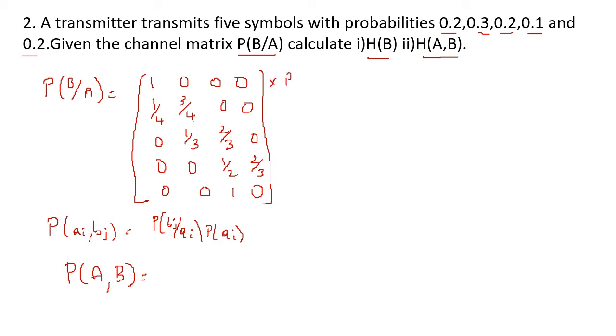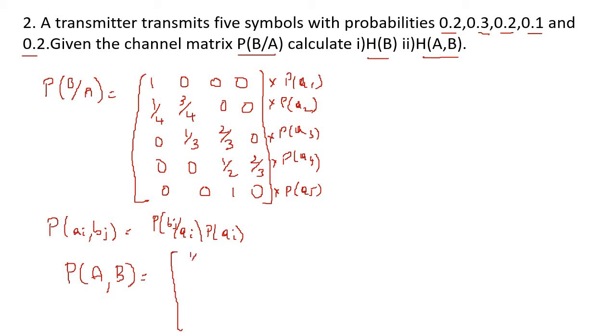First row will be multiplied with P of a1, second row with P of a2, third row with P of a3, fourth row with P of a4 and fifth row with P of a5. So we are going to get the joint probability matrix. We'll multiply and write the respective probabilities here.